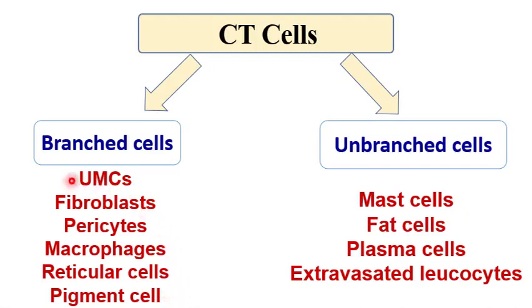These are branched cells, which contain branches. Unbranched cells, which contain no branches, include mast cell, fat cell, plasma cell, and extravasated leukocytes. We will discuss each of them now.